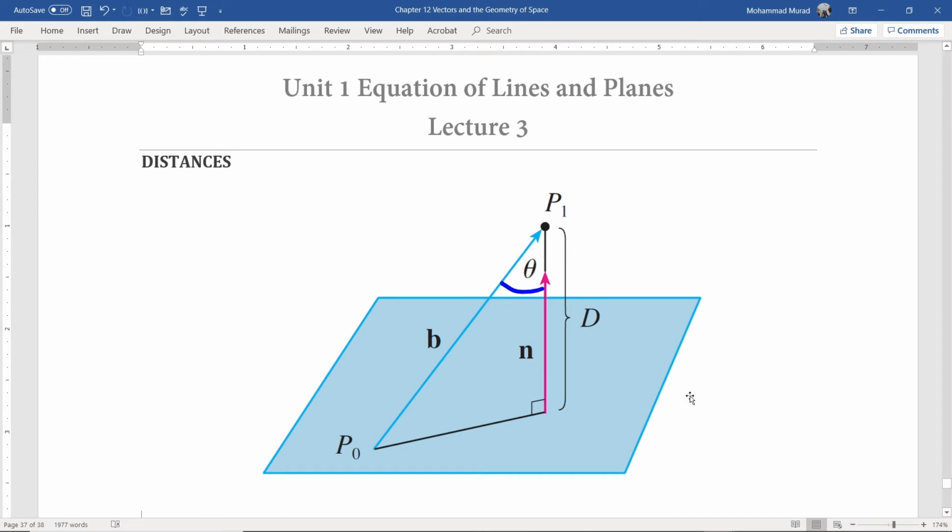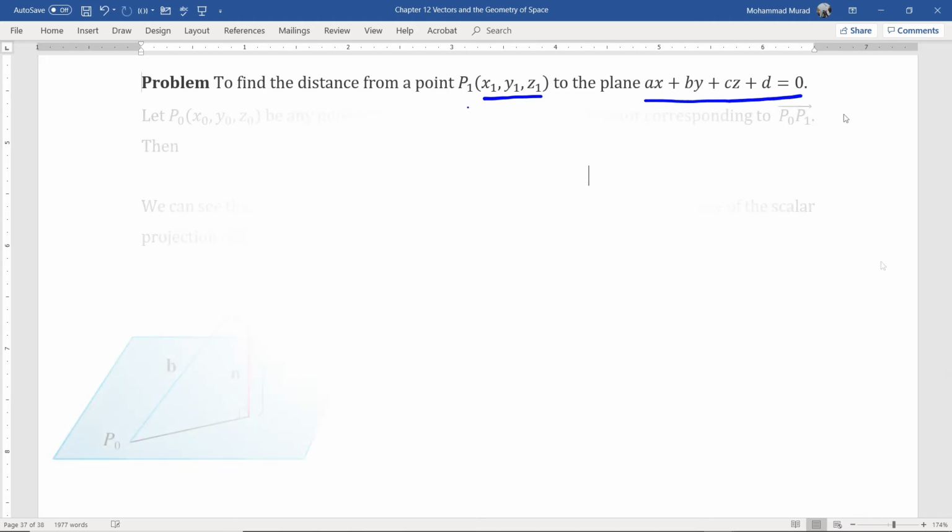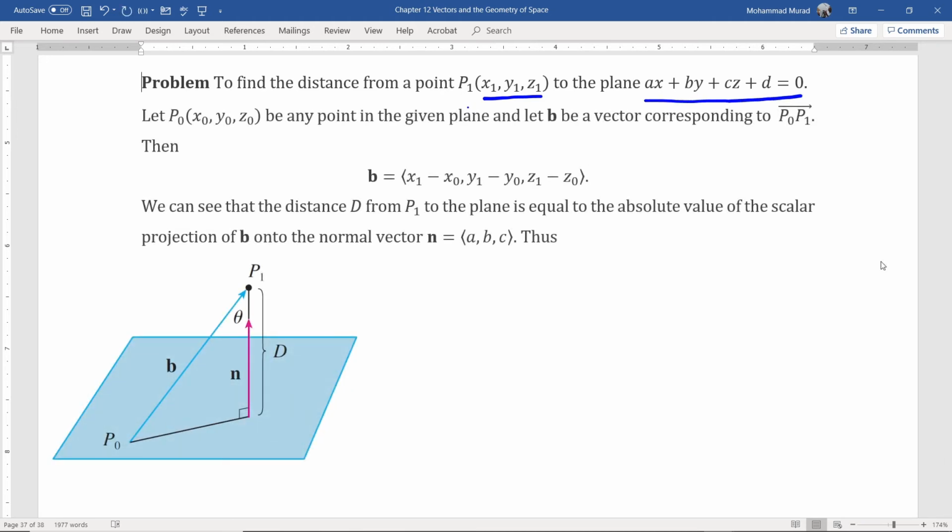We want to calculate the distance D from the point P sub 1 to the plane. Suppose the point P sub 1 has coordinates x sub 1, y sub 1, z sub 1, and the plane has the equation ax plus by plus cz plus d equals 0. Let the point P sub 0 have coordinates x sub 0, y sub 0, z sub 0.